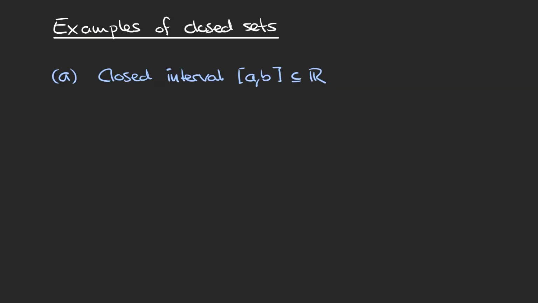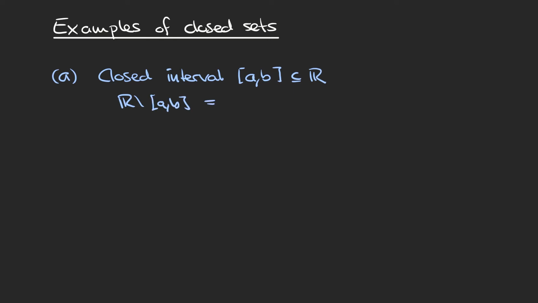Let's move on to some examples. As a first example, let's consider a closed interval in the real line. Now, in order to show that this interval is indeed closed, we need to consider its complement in R. So that's R minus the closed interval [a, b].